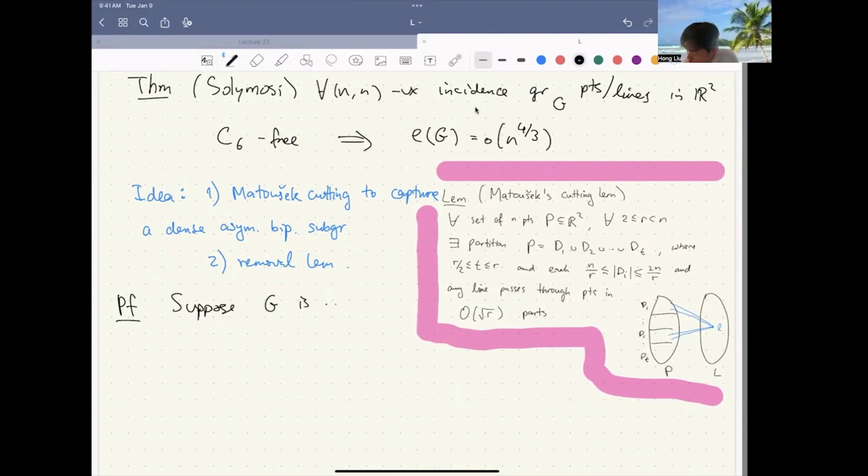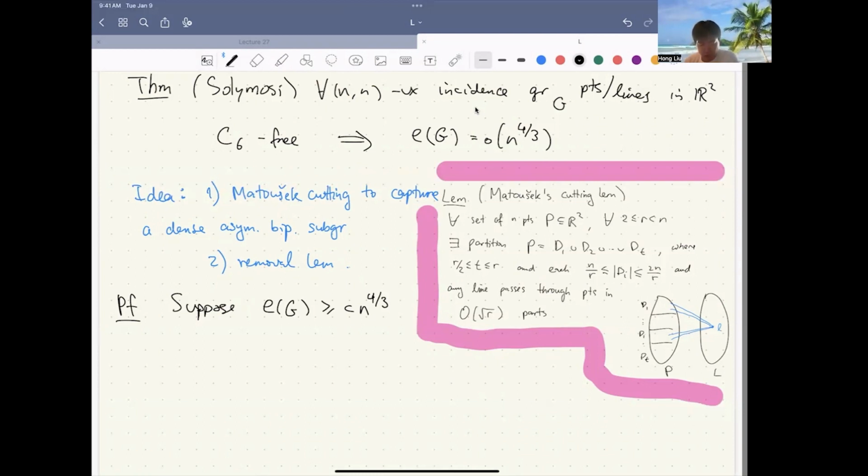Let me just assume G is given as an n by n vertex incidence graph. Suppose that E of G is linear in n to the 4/3, not little o.